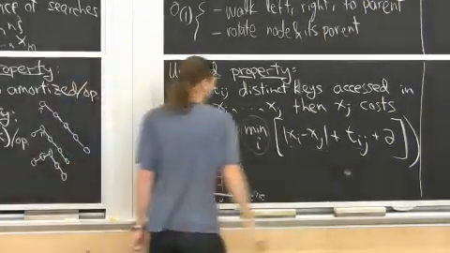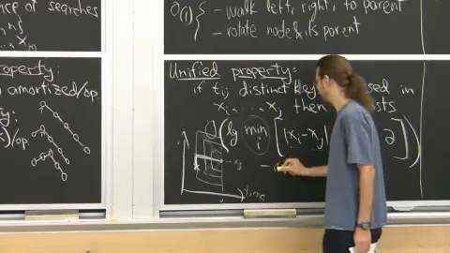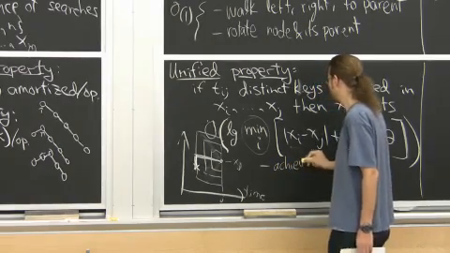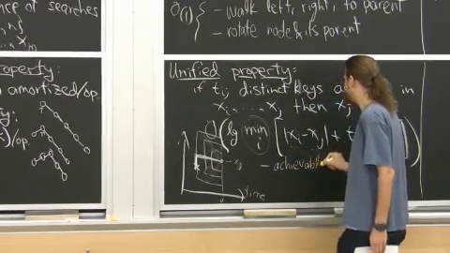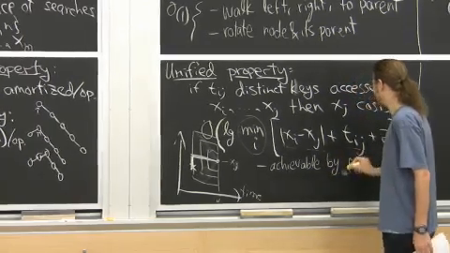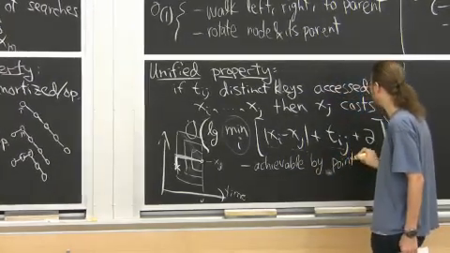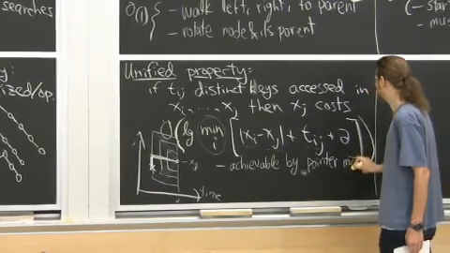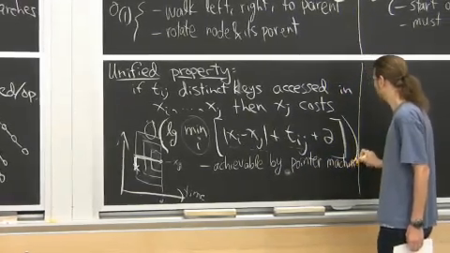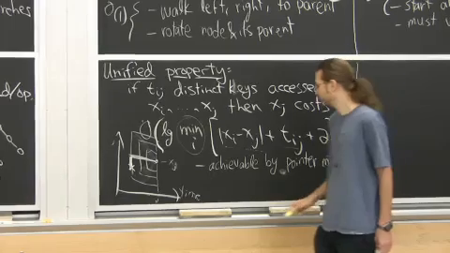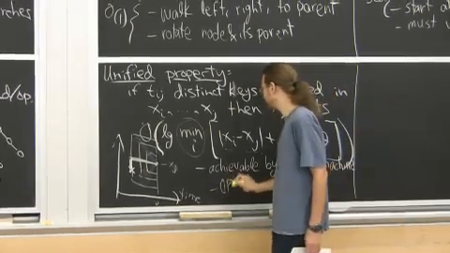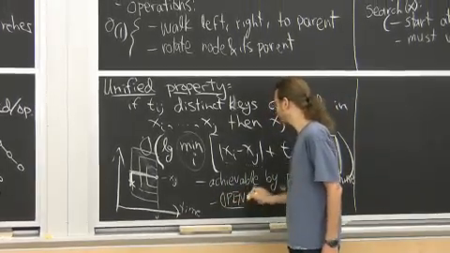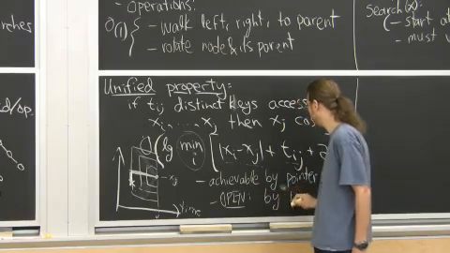What we know is that this property can be achieved by a pointer machine data structure, which is more powerful than a binary search tree. But we don't know whether it's possible to achieve by a binary search tree.